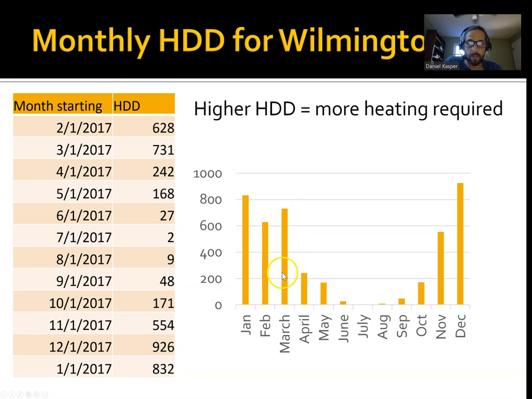All right, so more HDD means a colder average temperature, and you can see it drops April, May, June. So even in June there are some days where it's a little below 65 degrees on average. You're going to have heating degree days during those days. And then it drops and then goes back up. Right? So this is your monthly HDD in Wilmington, Delaware for 2017.